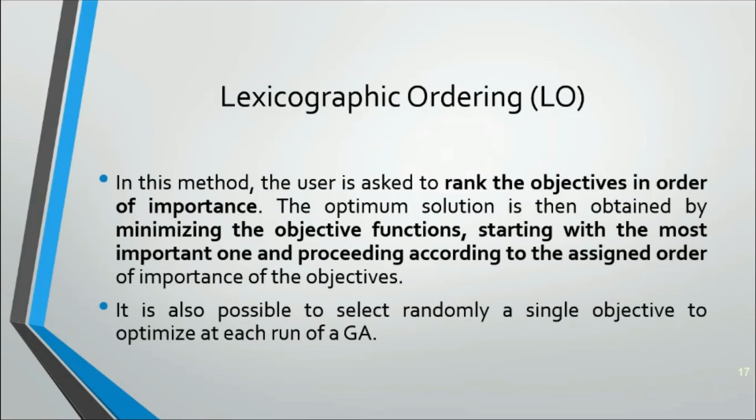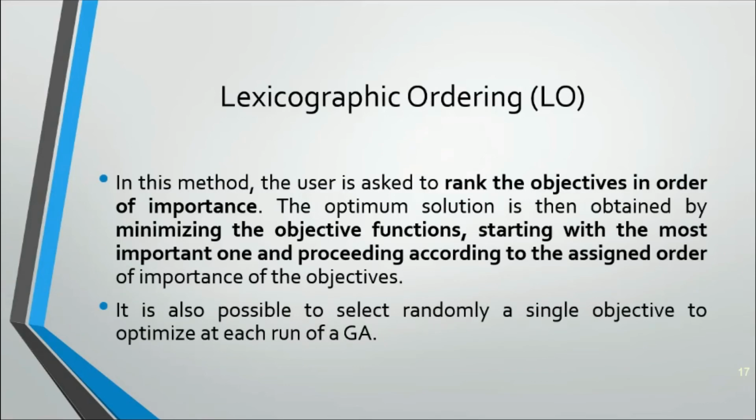That is, we first minimize or maximize, depending on the condition, the objective function with the maximum importance. Then the next most important one is minimized or maximized or optimized. This is done until the solution is converged.